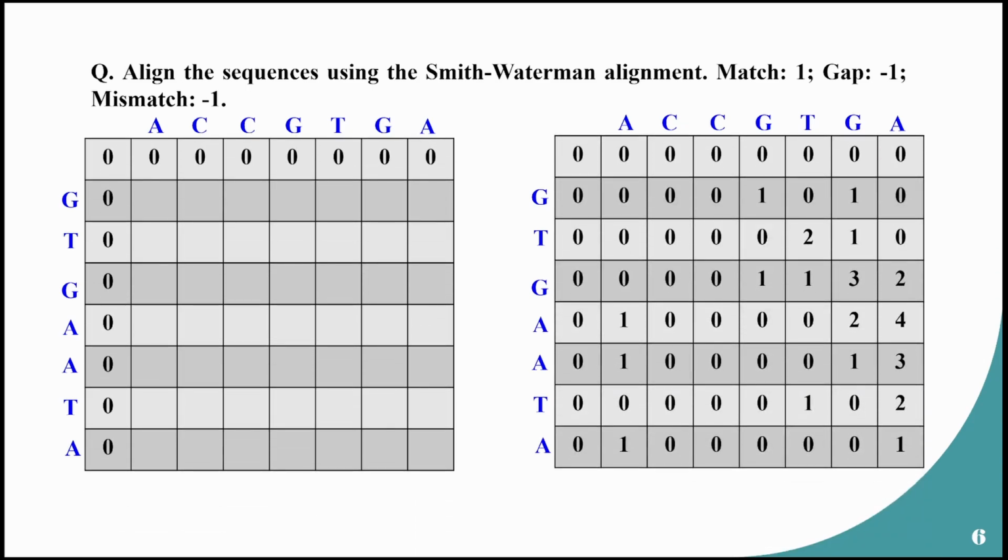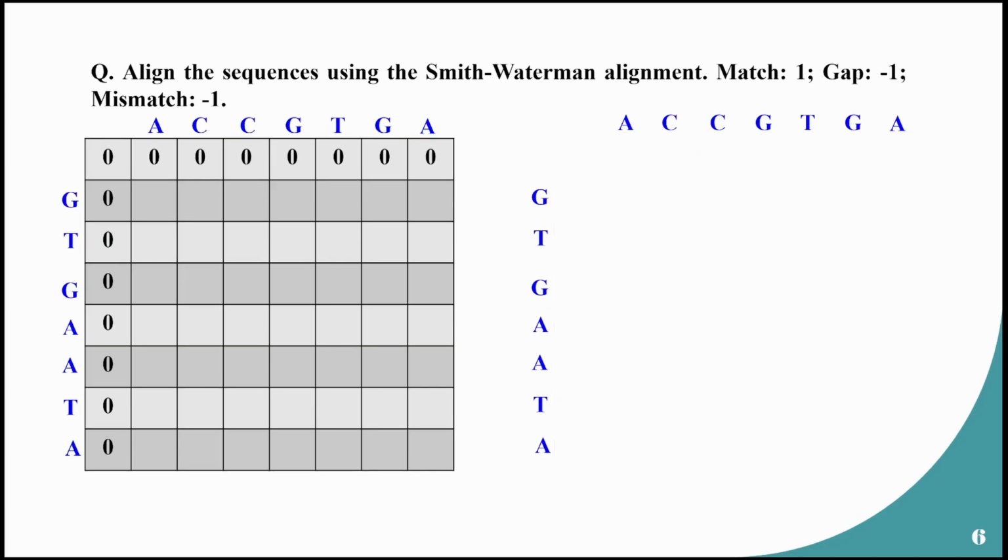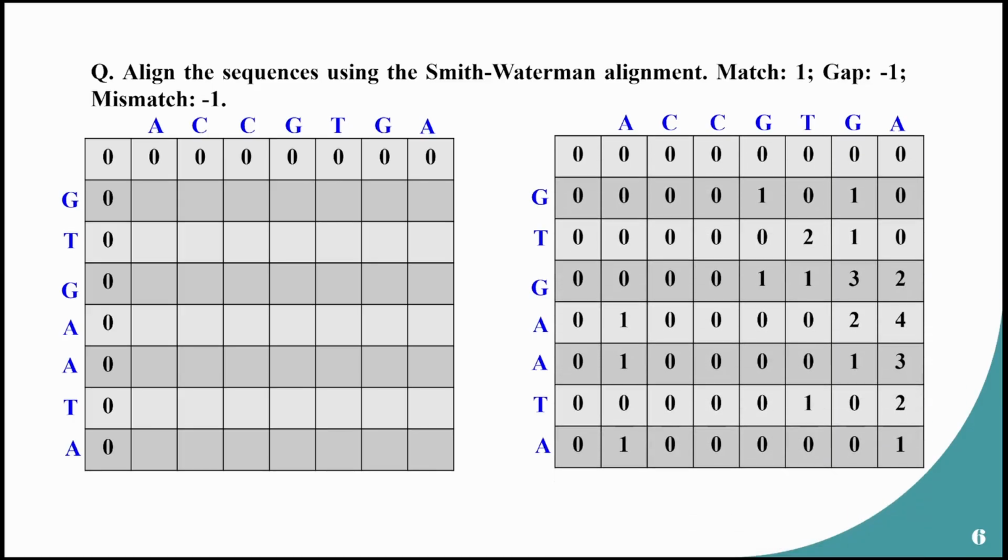Here it's talking about how you calculate the alignment for the sequences given here. So this is the Smith-Waterman matrix if you fill it out using the same process.